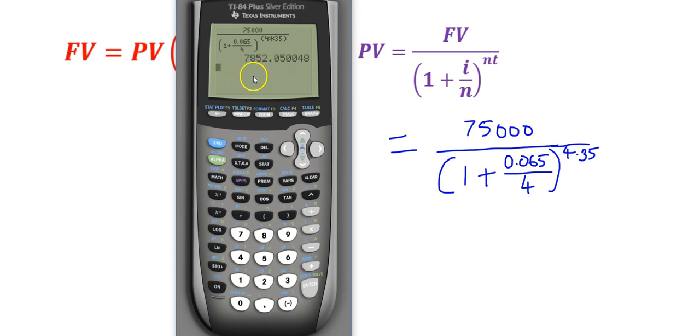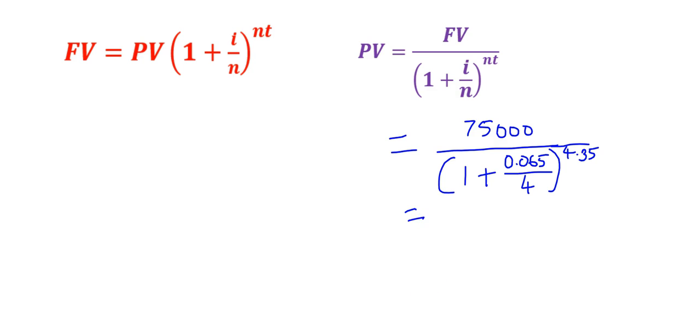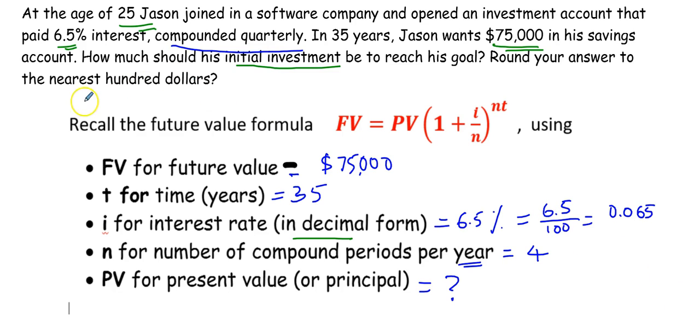$7,852.05 we have to invest in order to get 75,000 after 35 years. That is the present value, or your initial investment. And in the question they asked us to round the answer to the nearest $100.